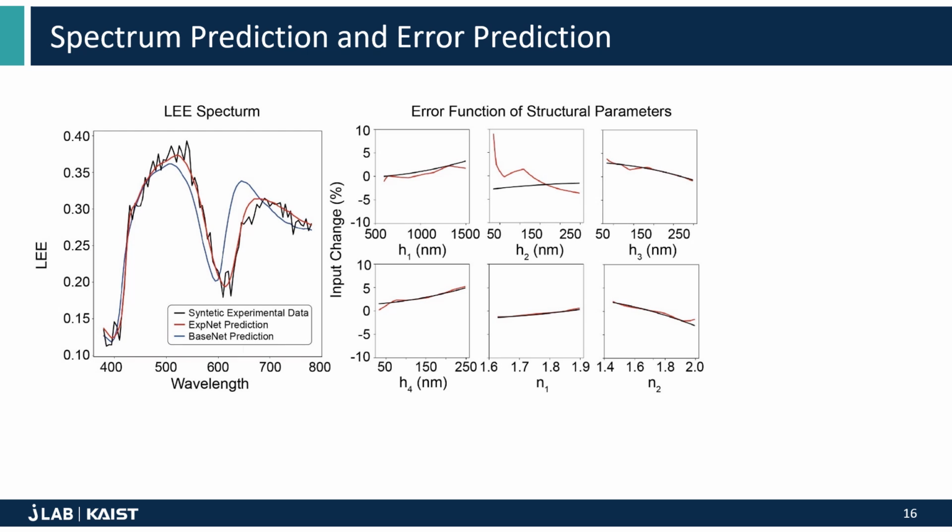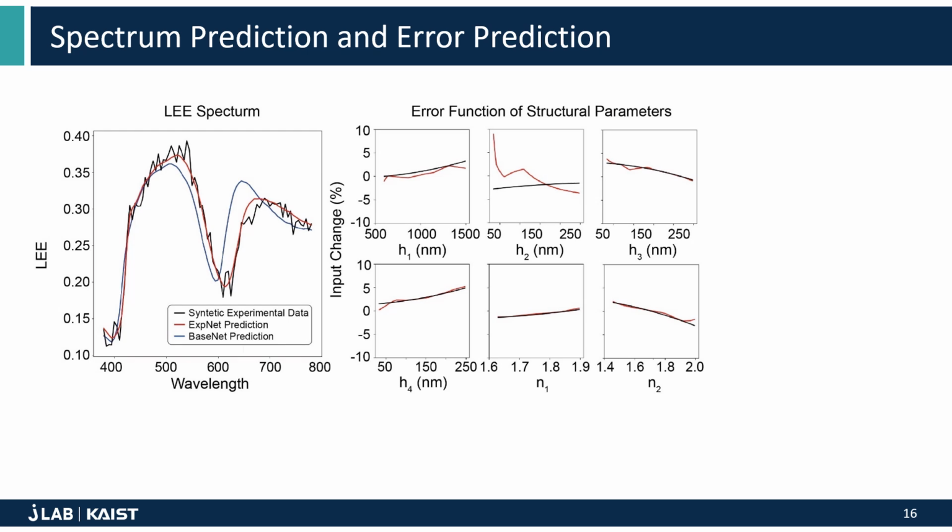But ExpertNet achieved an RMSE of 0.0112, which is very close to the theoretical limit. So we can say that the model is well trained and highly accurate.